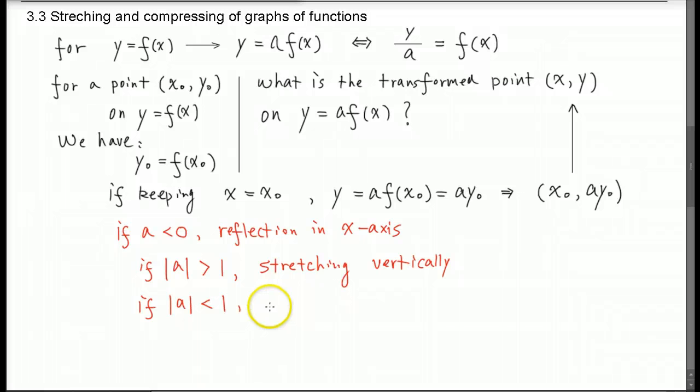So the y coordinate becomes smaller, so it's going to be a vertical compression. Okay, so that explains the vertical stretching or compression, and it could be a reflection if a is negative.